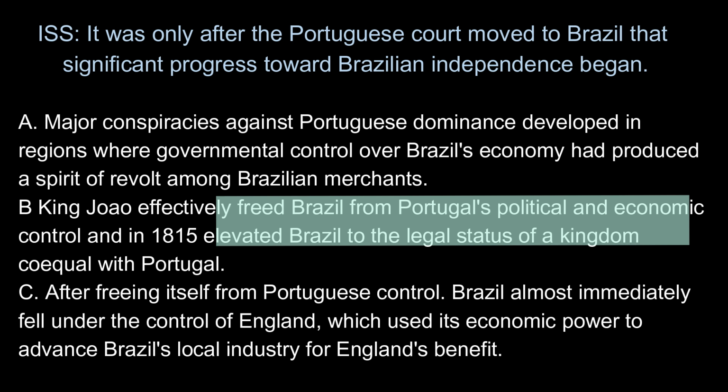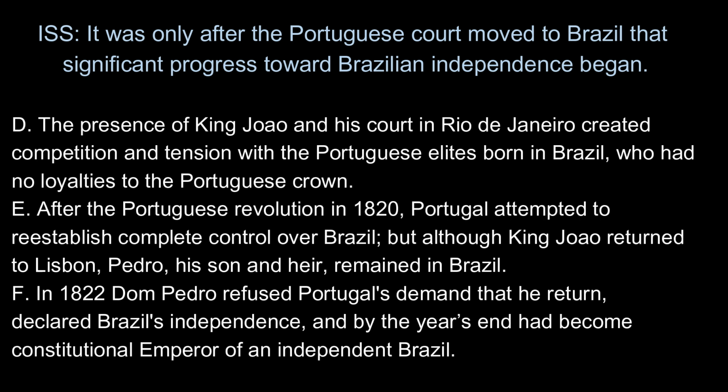Since C does not talk about how the Portuguese court helped Brazilian independence, C is out. D talks about something relating to the Portuguese court, but it does not talk about how the court led to Brazilian independence. Instead, it talks about the Brazilian-born Portugal people's reaction to the court, so D is out.